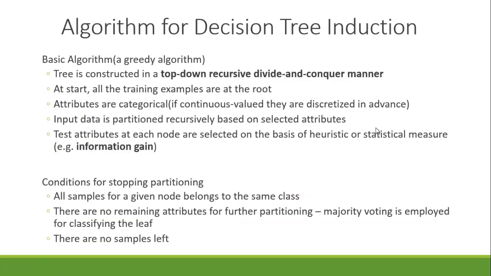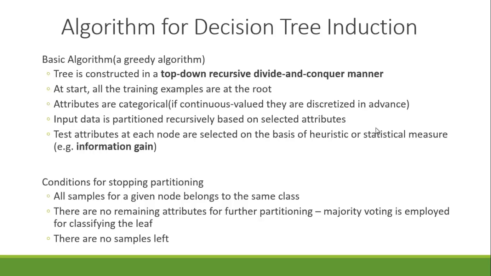For the decision tree, we follow a basic algorithm, which is a greedy algorithm. We use a top-down recursive divide and conquer manner, whereby on the top we have a root node, which we split into further nodes, which we also term leaf nodes.